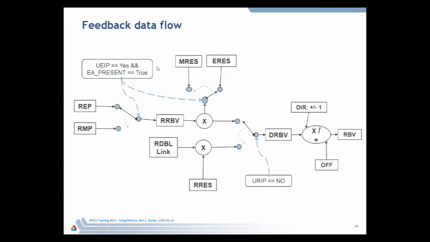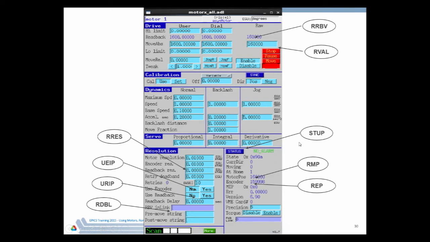Or this logic is false, this is true, and you're getting your readback from an external standalone device. In that case, you're getting numbers from this readback link, multiplying that times the raw resolution and then feeding that into the dial. So this is where a lot of these fields that I just mentioned are.